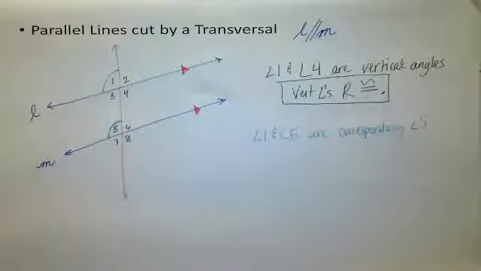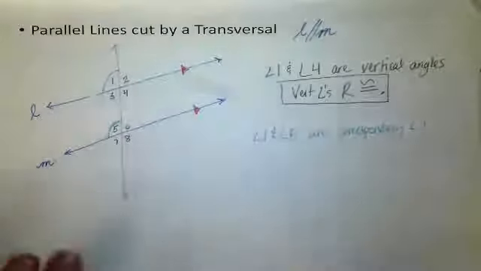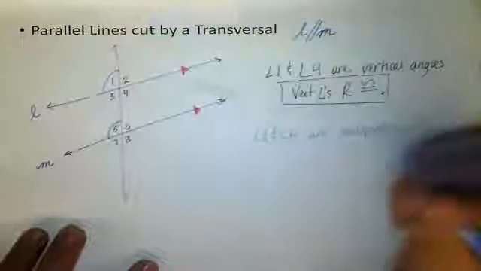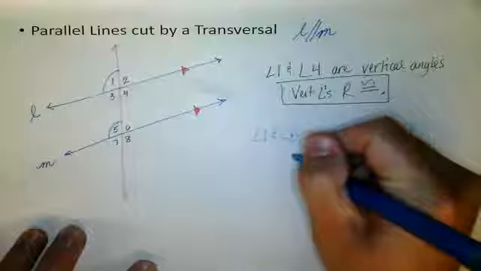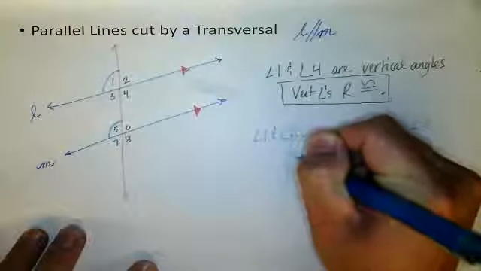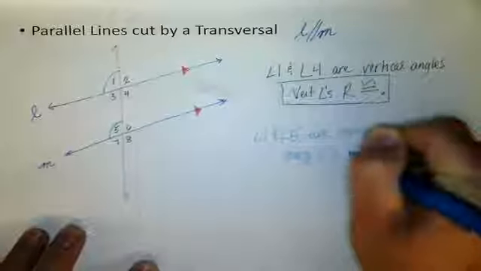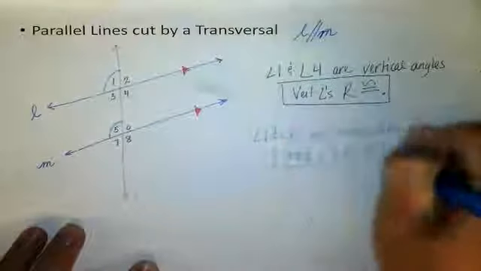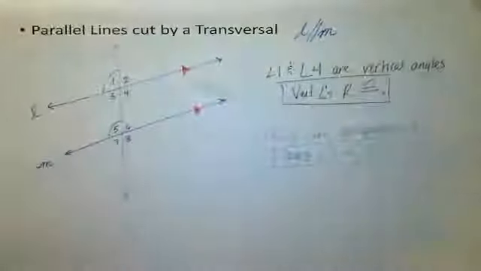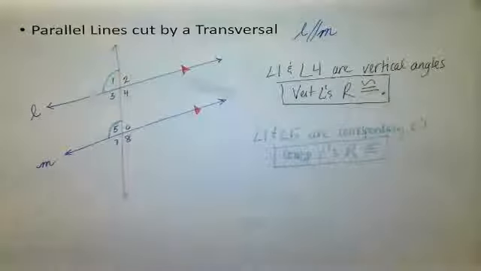What else? 3 and 7 are corresponding. 4 and 8 are corresponding. And what do you know about corresponding angles? They're congruent. Corresponding angles are also congruent. So angle 1 and angle 5 are equal to one another. They are the same measure. 4 and 8 are the same measure. All those corresponding angles are congruent.